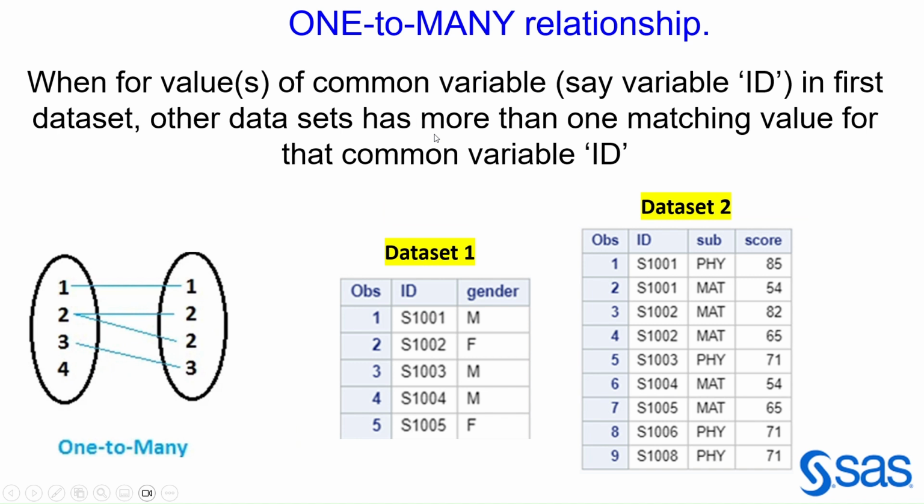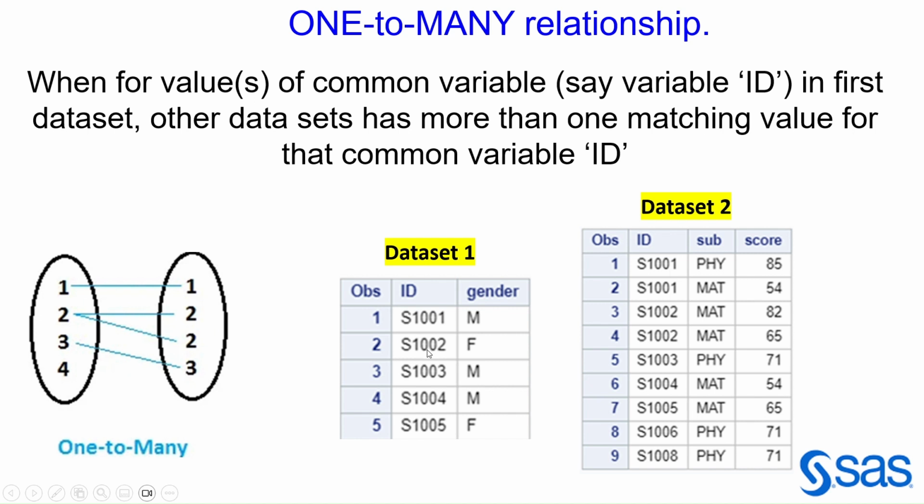The second situation is when the value of the common variable in the first data set is present only once, but in the other data set it has more than one matching value of that common variable. So this is the situation here. If you see, data set 1 has a common variable ID which is present in both data sets, and these are the values of that variable. You can see that this value is present only once in data set 1 but present twice in data set 2.